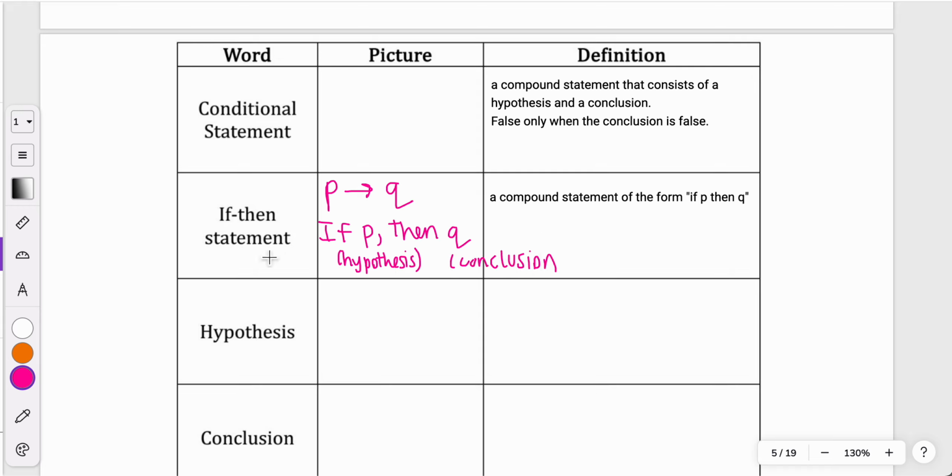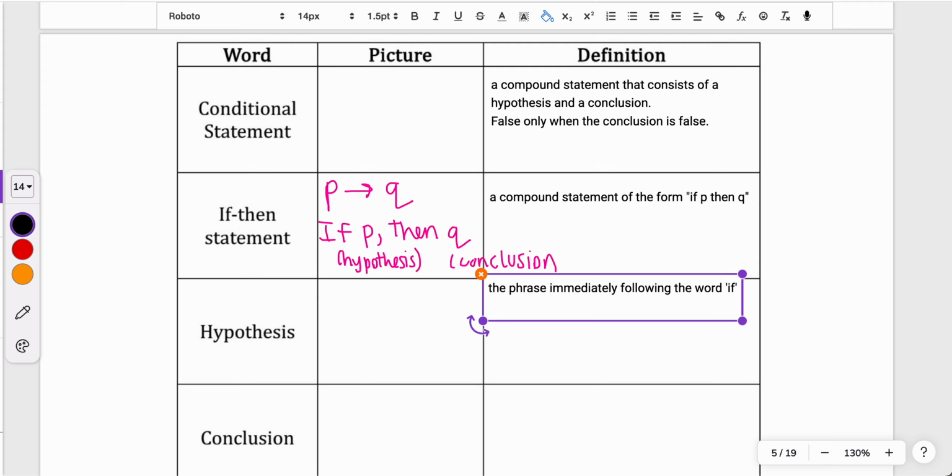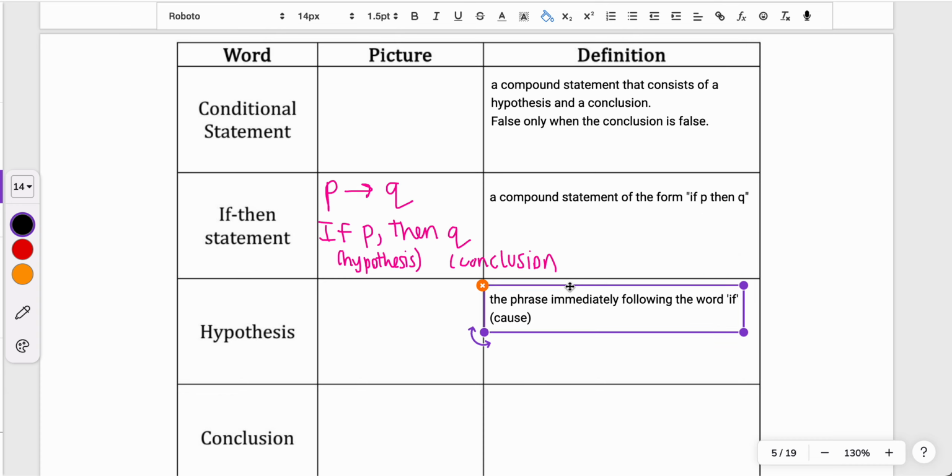Okay? So, going on to hypothesis, that is the phrase immediately following the word if. This is also known as the cause. So whenever you talk about cause and effect, something happens. That thing that usually happens first will be the hypothesis.